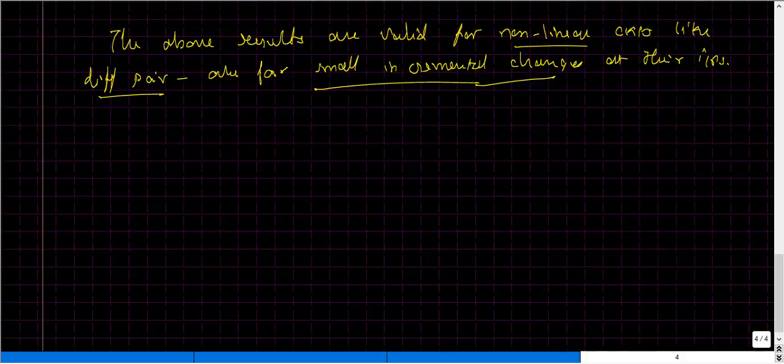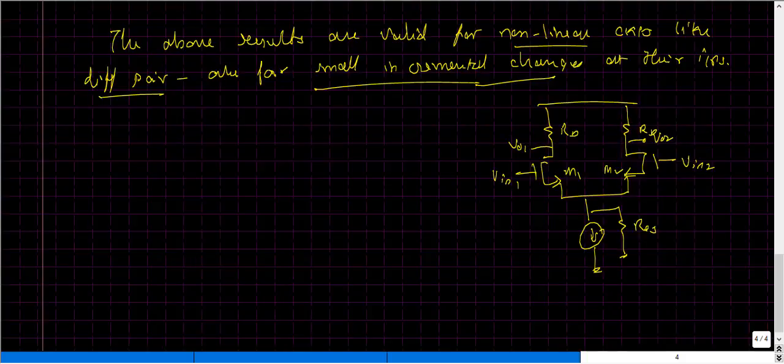So now let us derive some important results by applying the above concepts upon the differential amplifier. I'm just going to draw the differential amplifier circuit here with a resistive load. Now let us define two types of input signals which are derived from V1 and V2.